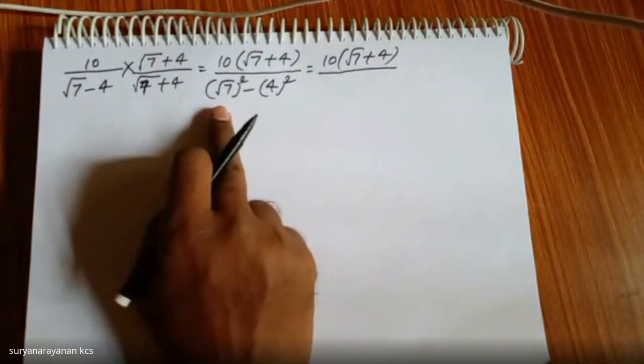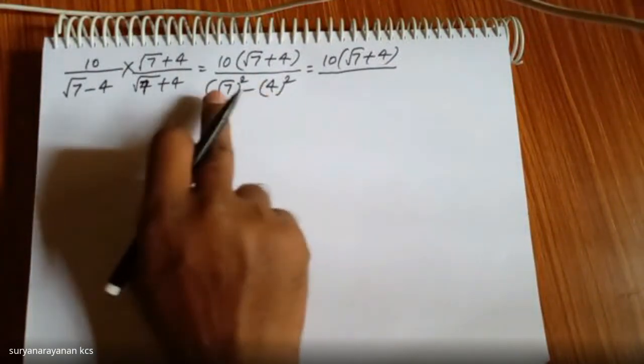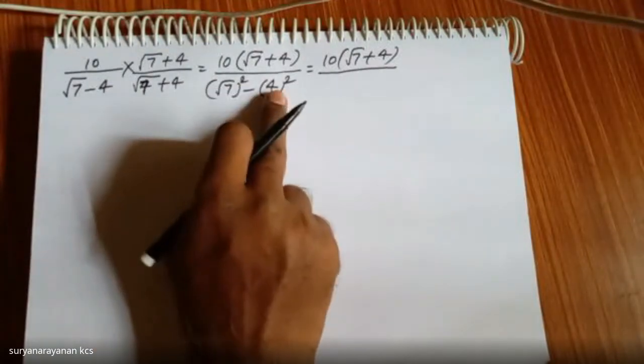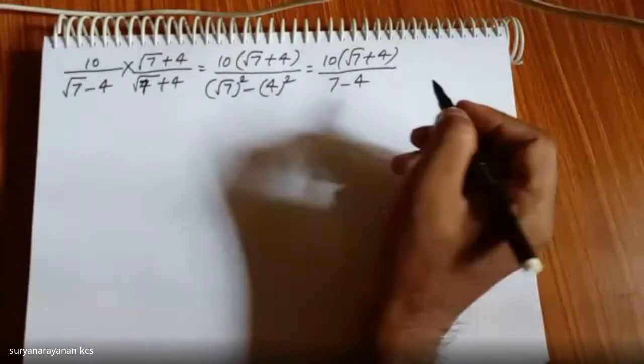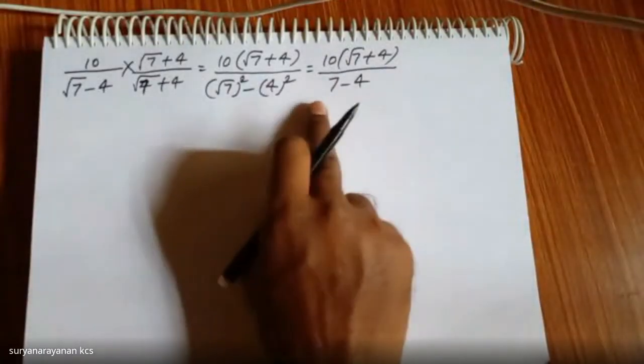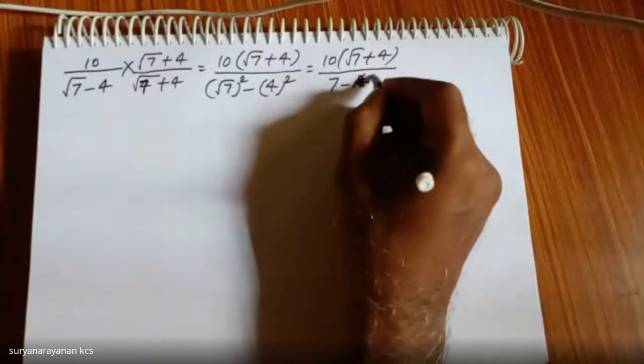In the denominator, what will you get here? There are two terms. Let us write the values of every term separately. 7 minus 16, sir. Again, we have to simplify the denominator. Yes, my dear Janesh, you are mistaken.